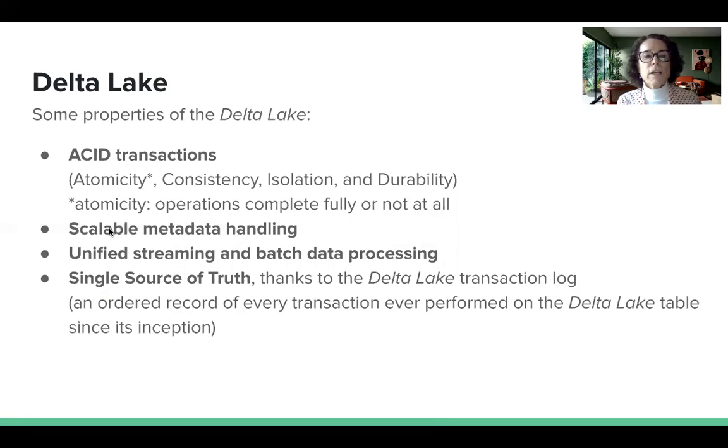It also provides for scalable metadata handling, unified streaming and batch data processing, and it's a single source of truth. Thanks to the Delta Lake transaction log, which is an ordered record of every transaction ever performed on the Delta Lake table since its inception.